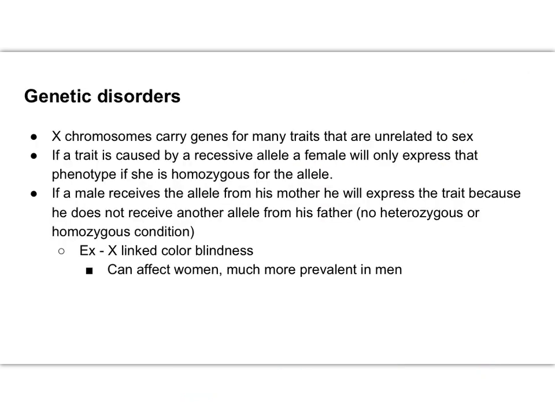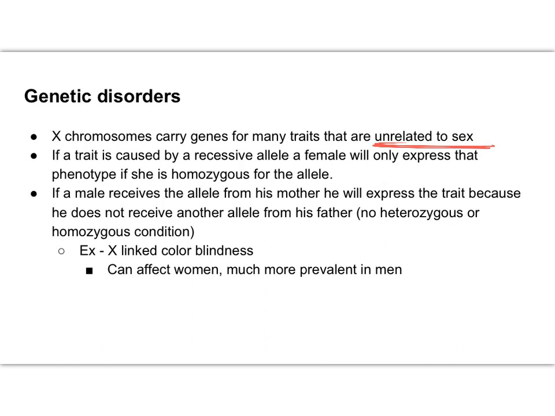So the pattern of inheritance here for these sex-linked chromosomes can cause certain genetic disorders. So for example, let's look at X-linked genes. X chromosomes carry genes for lots of traits that are unrelated to sex or to gender. Okay, so not everything on the X chromosome is all about sex and gender.